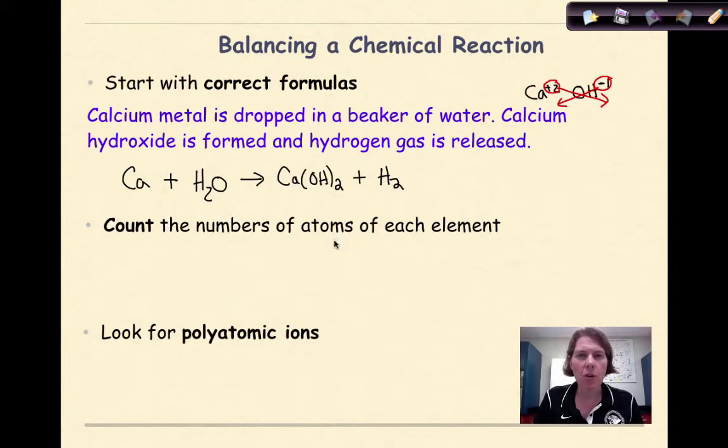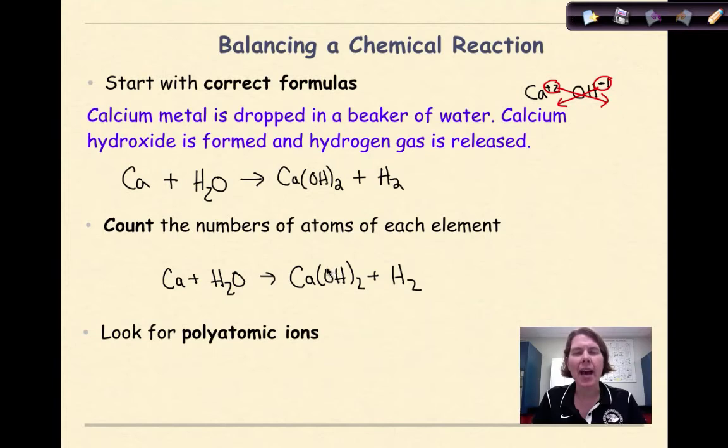The next thing that I'm going to want to do is count the number of atoms of each element. So if I quickly rewrite this, there, I've rewritten it. So now what I'm going to want to do is go through and count how many of each element I have. And sometimes you need to do this, sometimes you don't. It depends on the actual reaction that you're balancing. So if I look at this, there's one Ca here.